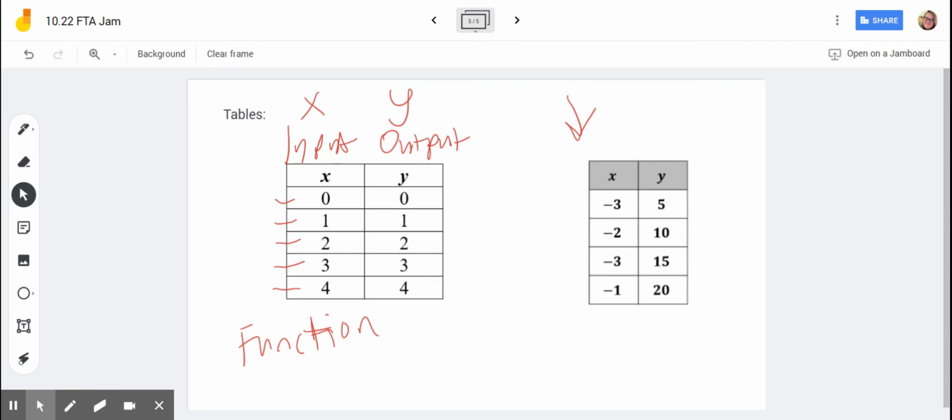All right, so do our x values here repeat? Again, we should only be looking at our inputs, our x values. We have -3, -2, -3, and -1. Do they repeat?